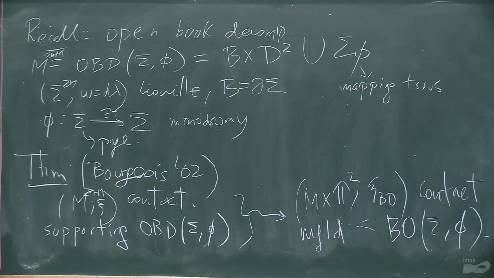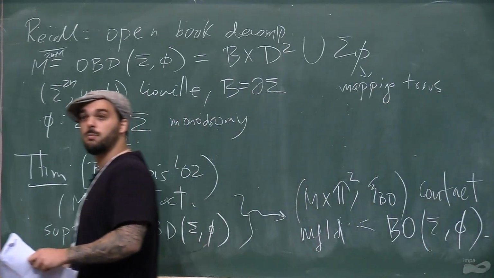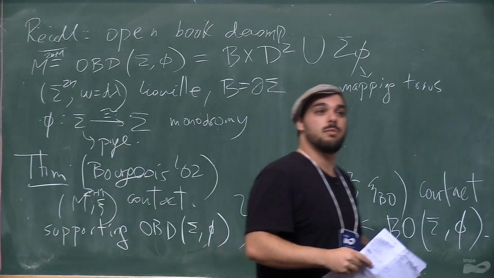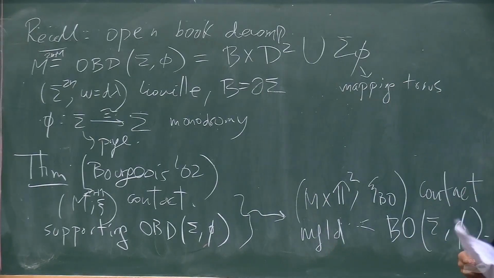So basically, what's really being used here is the existence of supporting open book decompositions by Giroux. This is just, you write down a contact form, you check the contact condition, done.